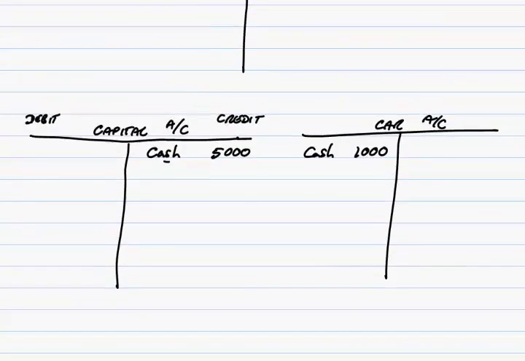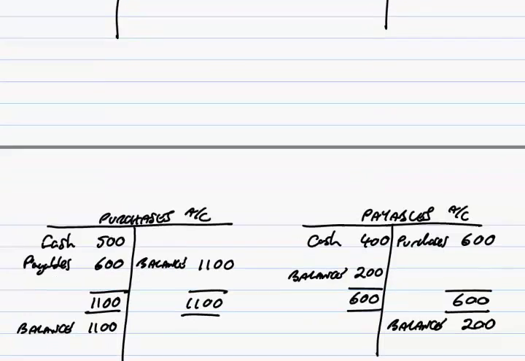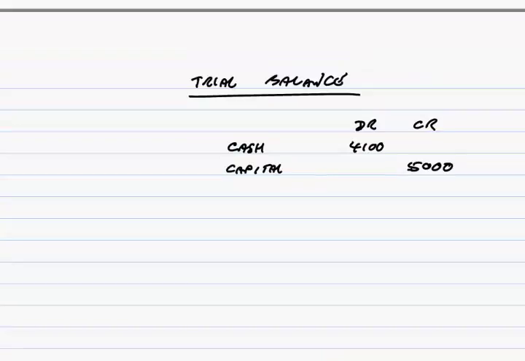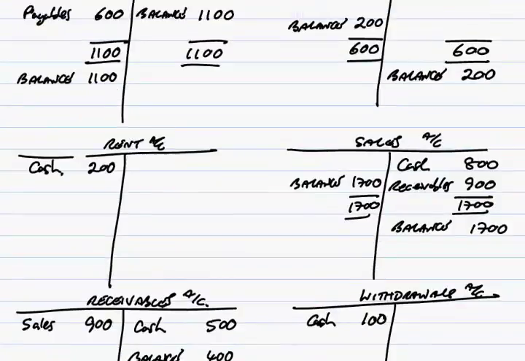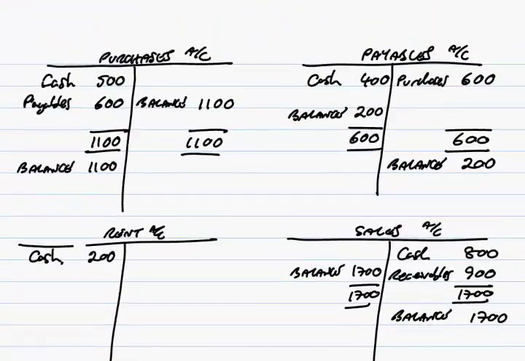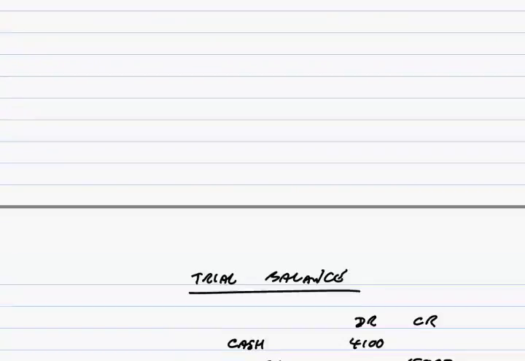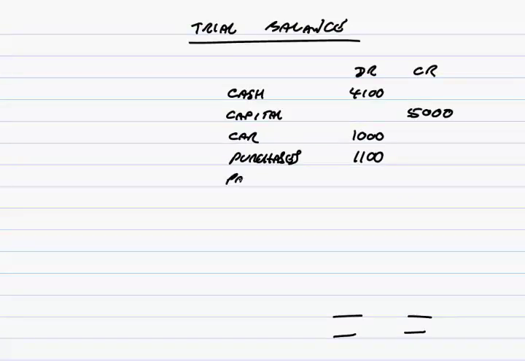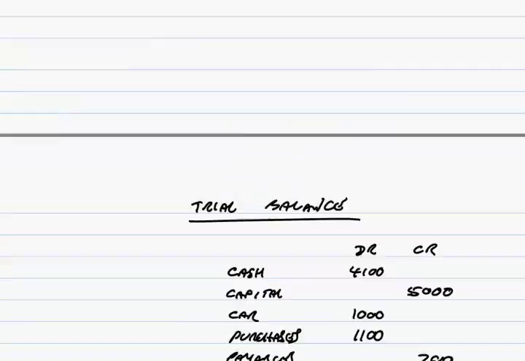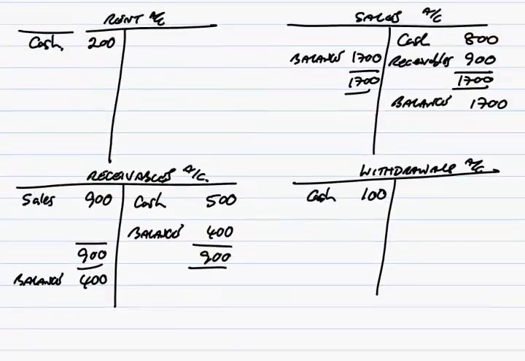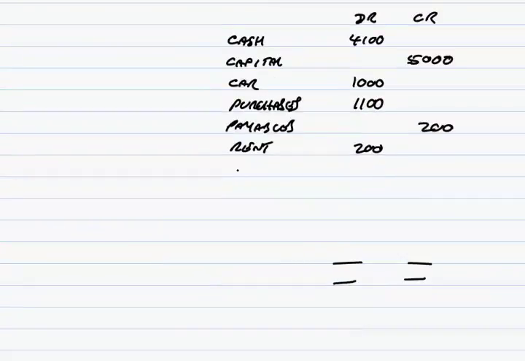We've listed cash and capital, so car is 1,000, purchase is 1,100. Payables 200, rent 200. Sales 1,700, receivables 400.